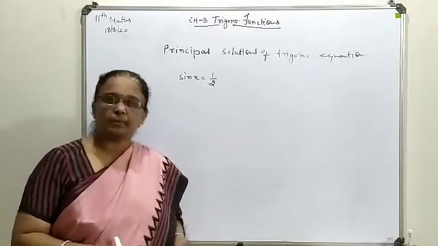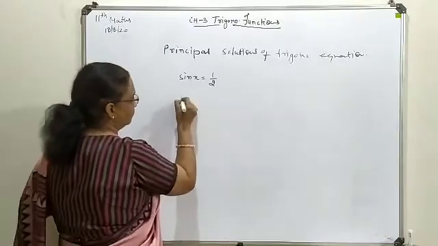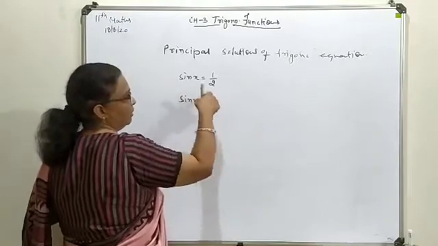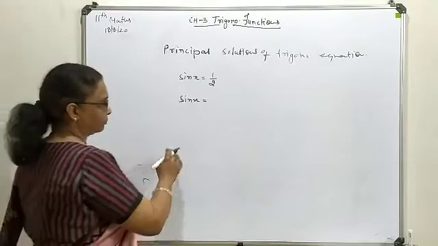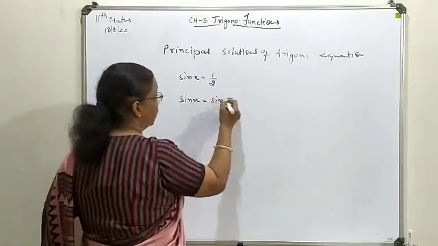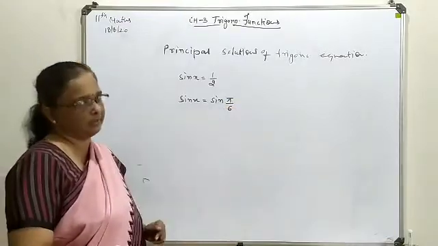So for its principal solution, first of all you convert this with your first choice. This will be your sine 30 degree, means pi by 6. One solution you will have is this one.